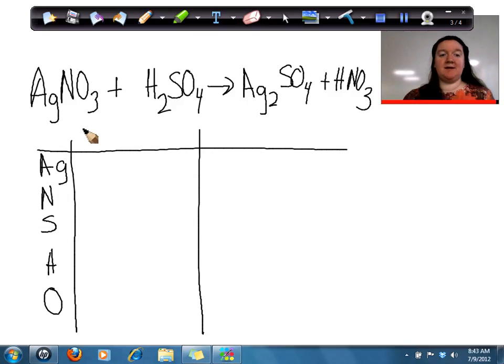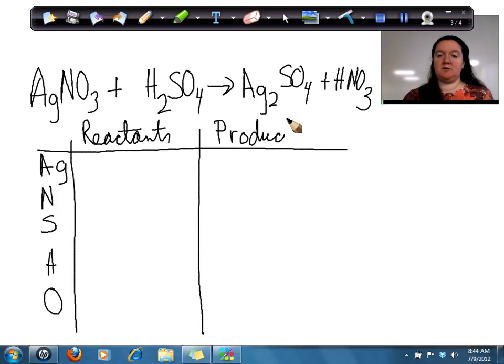If we look at our reactants, and our products, if I look at my silver, I only have 1 on the reactant side, but I have 2 on my product side. So that means right away I know I have to change the coefficient in front of silver nitrate to a 2.